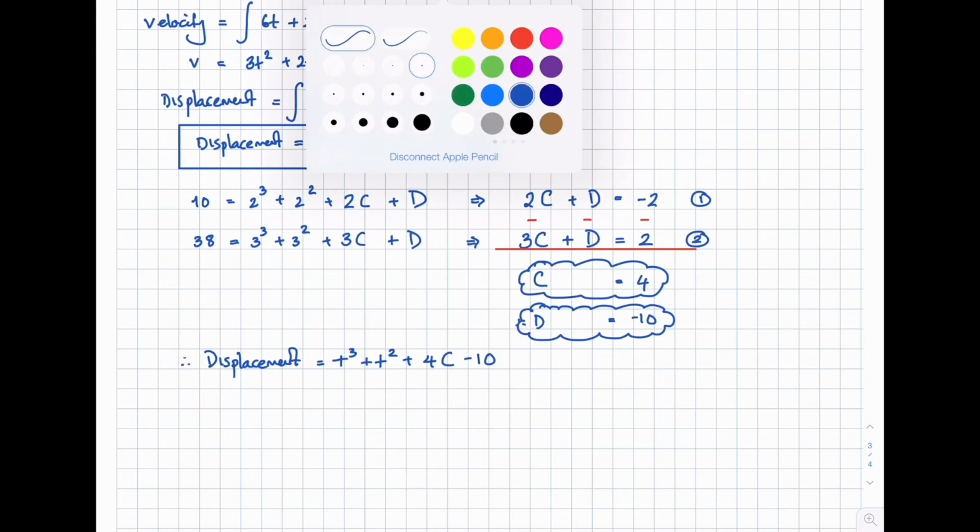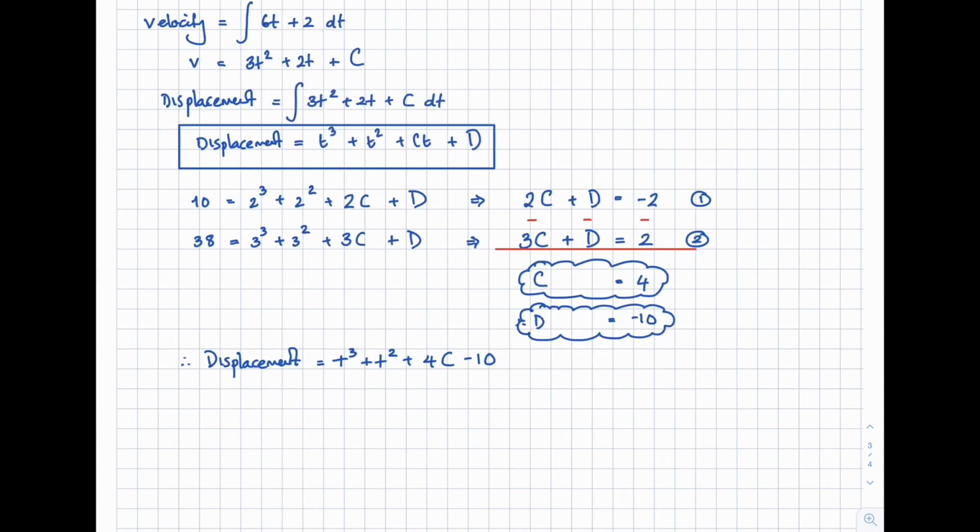So what we now have is our expression for displacement in terms of t.